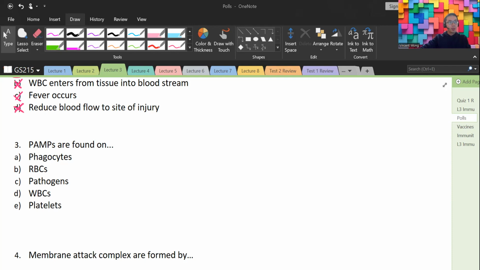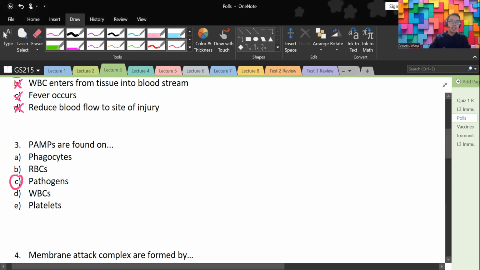All right, I'm going to end the poll. These are molecular patterns that are found on pathogens, right? As the name implies, pathogen associated. So the answer is C. The phagocytes, such as white cells and macrophages, will recognize the PAMPs on the pathogens and therefore know what to engulf.